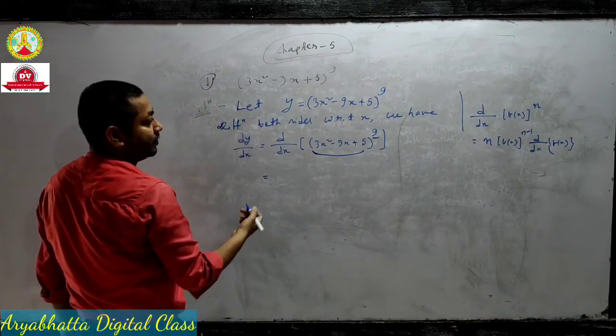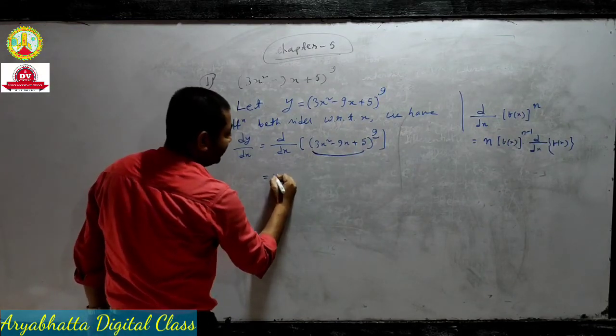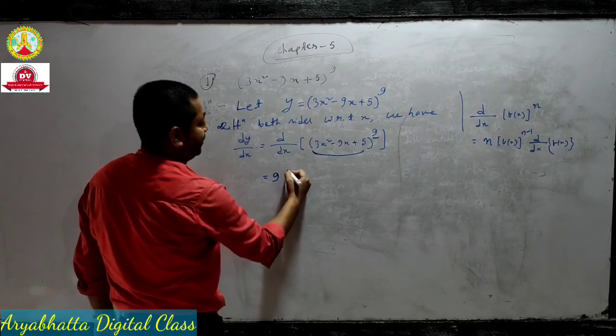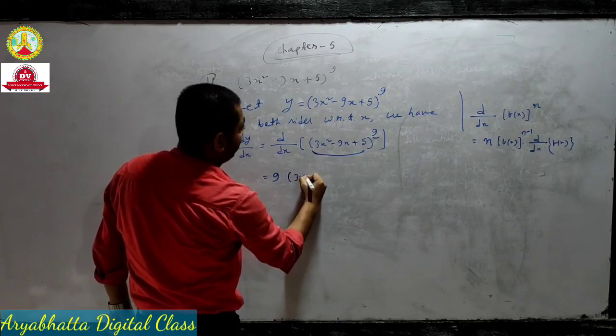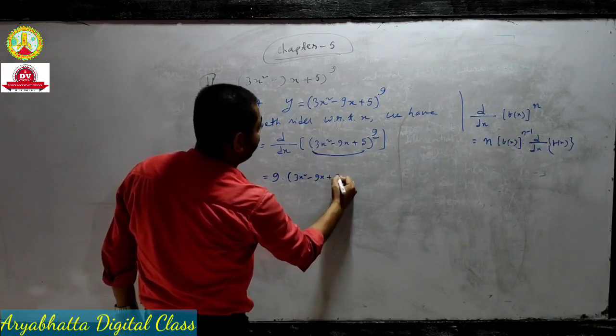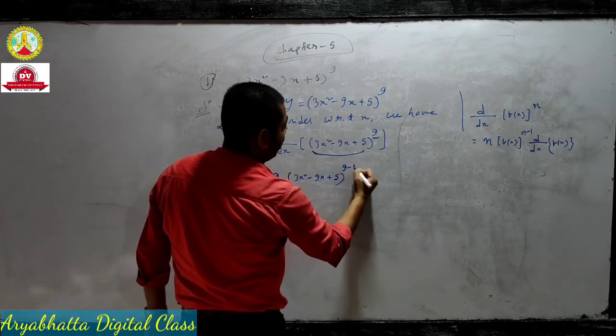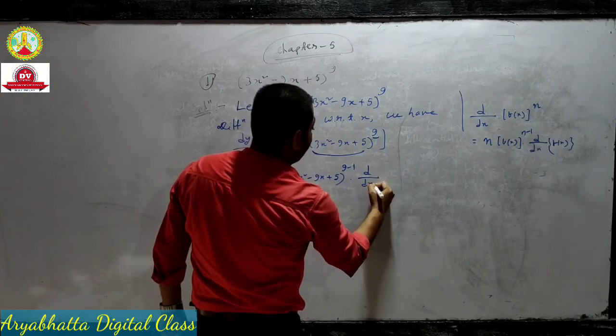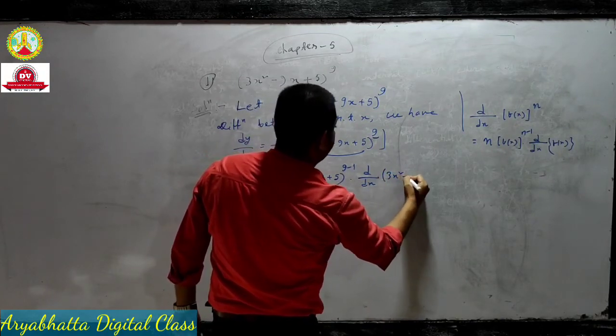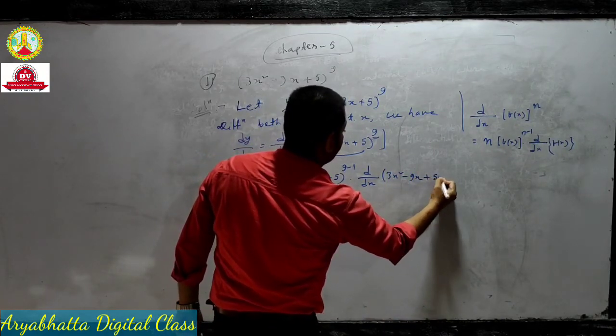Then we have n into f of x whole to the power n minus 1, here n is equal to 9, that means 9 minus 1, into d by dx of 3x squared minus 9x plus 5.